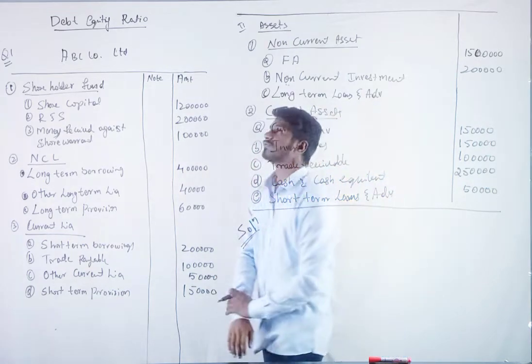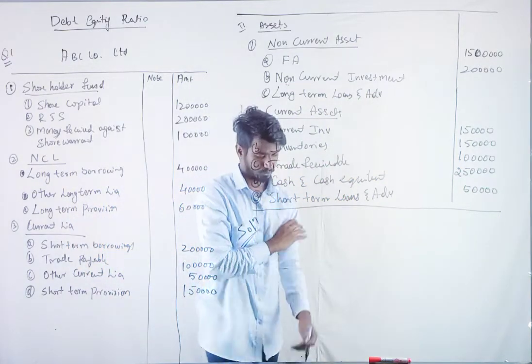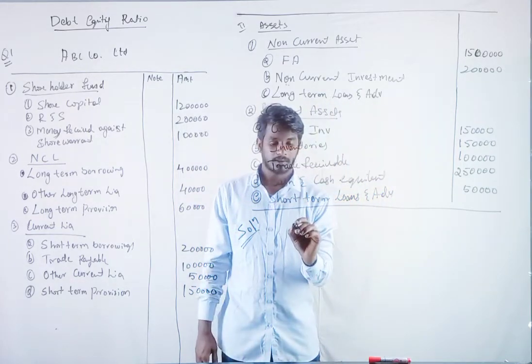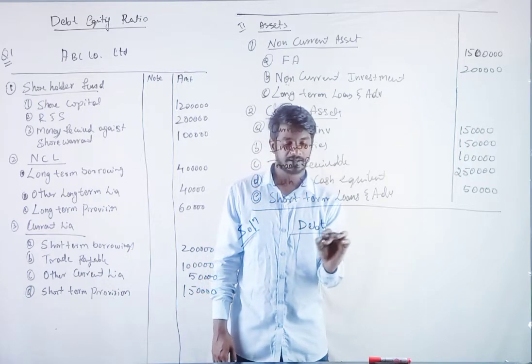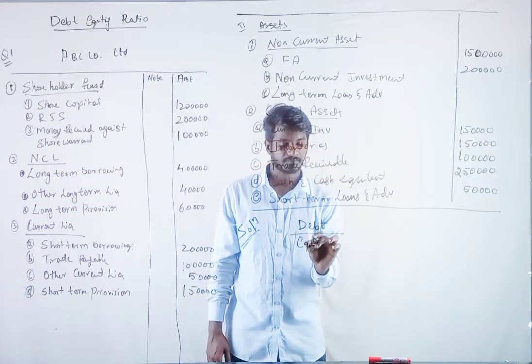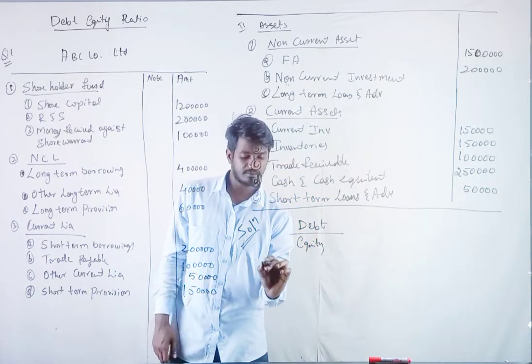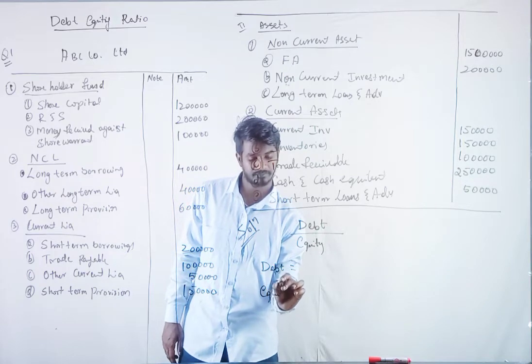So what is the formula for debt equity ratio? First, debt divided by equity. Let us calculate the debt and equity.